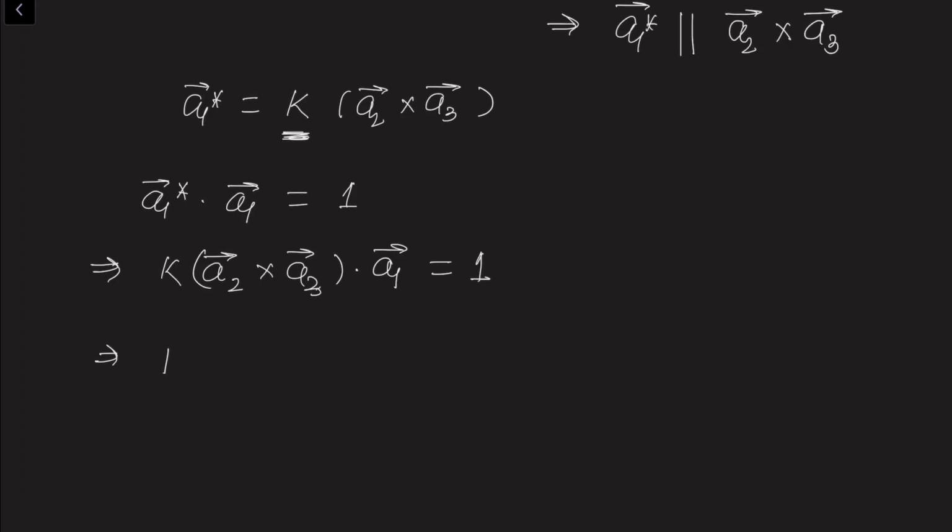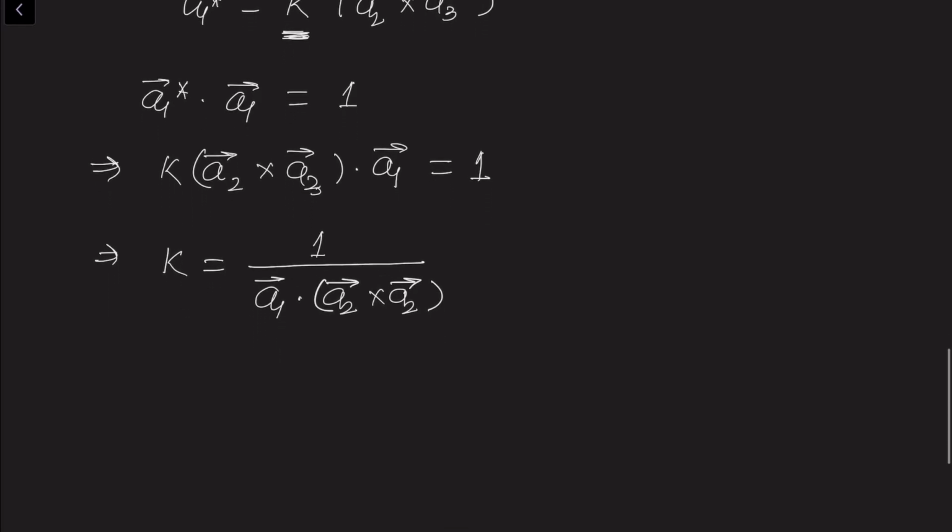Which means this k is nothing but 1 by, using the commutative property of the dot product, I can write it as A1 dot A2 cross A3.